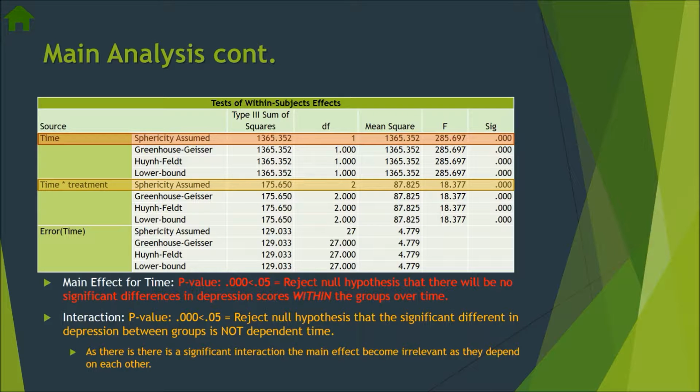However, we still test for them, but we ignore them if we find a significant interaction. So from the fact that there is an interaction, we can say that the differences between the groups depend on time, or that the differences across time depend on which group you are in.